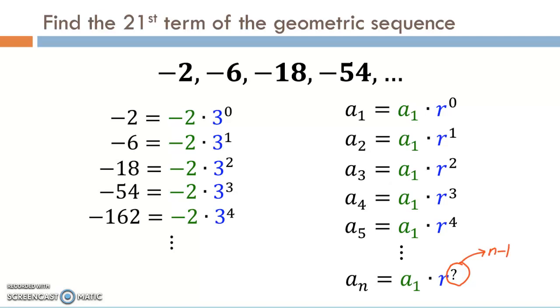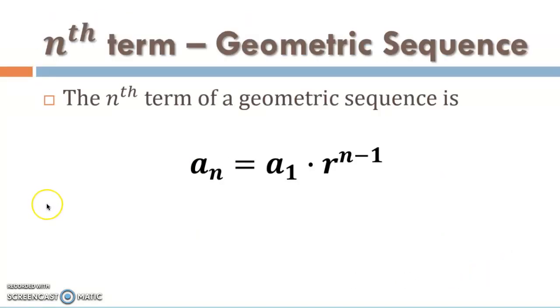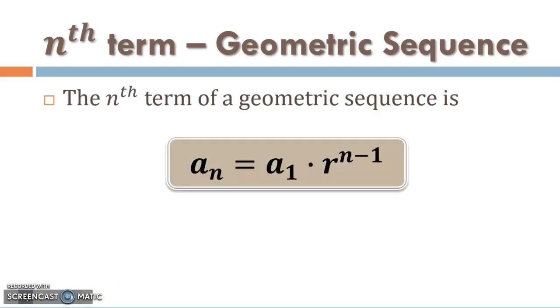So this equation is an explicit formula for any term in a geometric sequence. So for any nth term, the nth term of the geometric sequence is a sub n equals the first term times our common ratio raised to the n minus 1 power. What is the a1? The a1 is our first term.